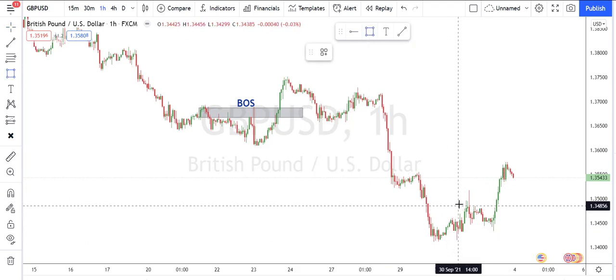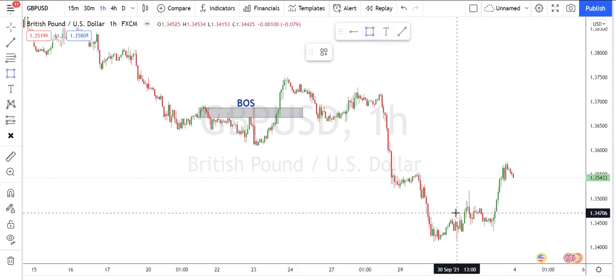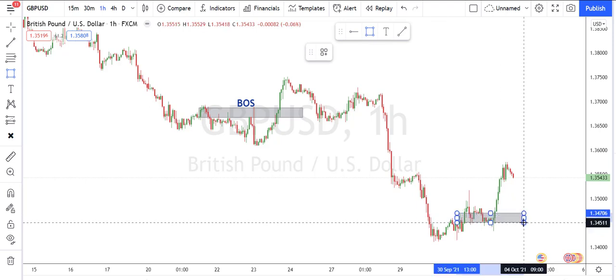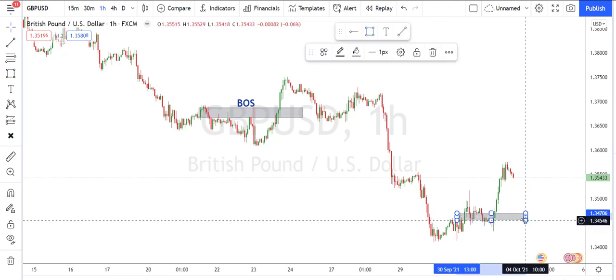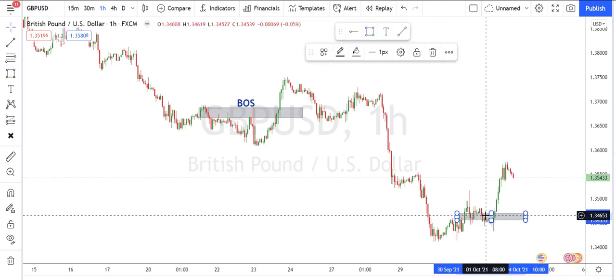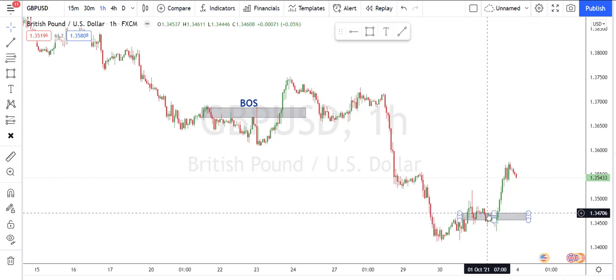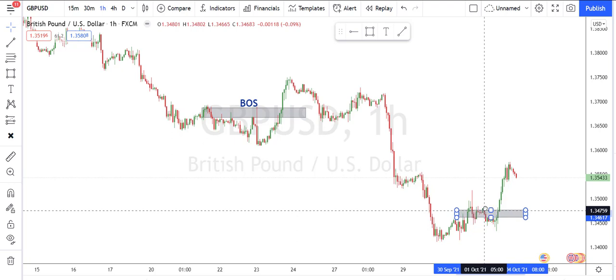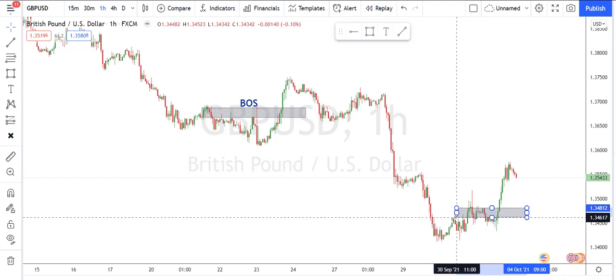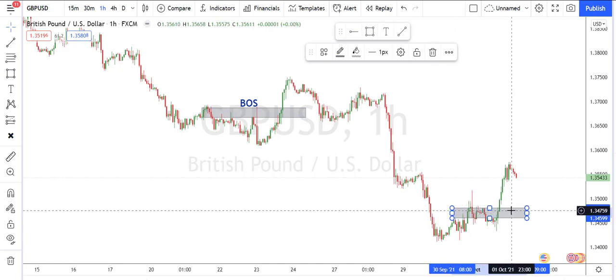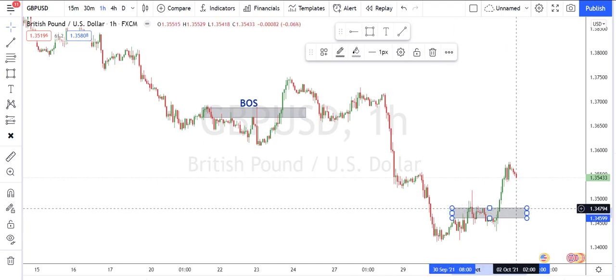So this is our BOS, or break of structure area, as we say.